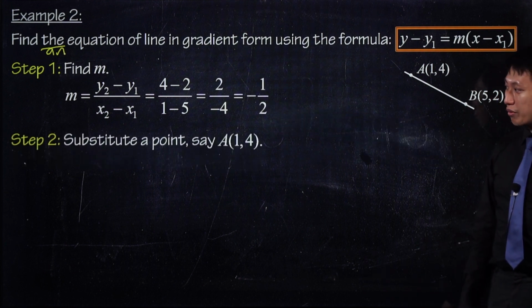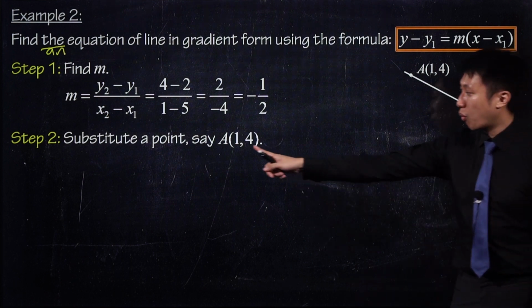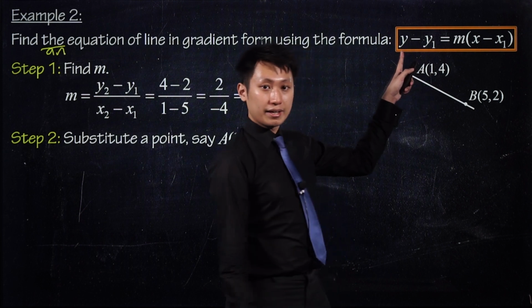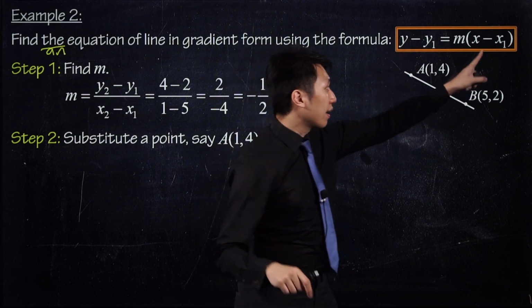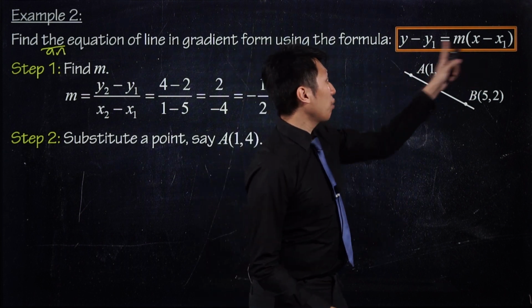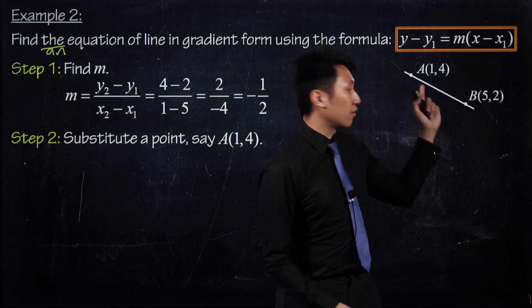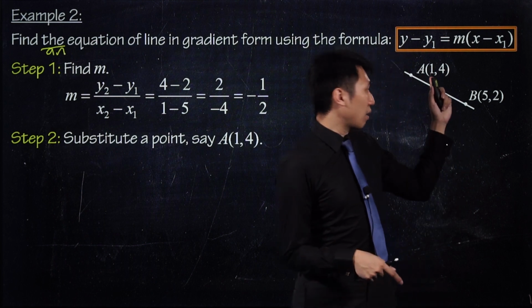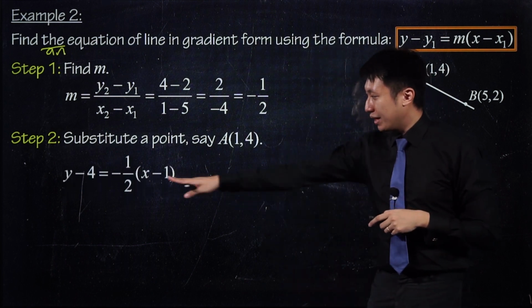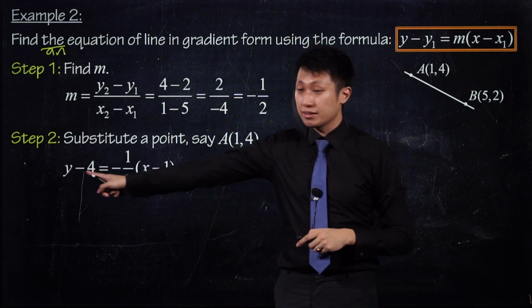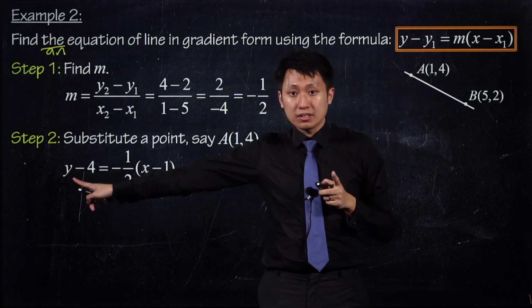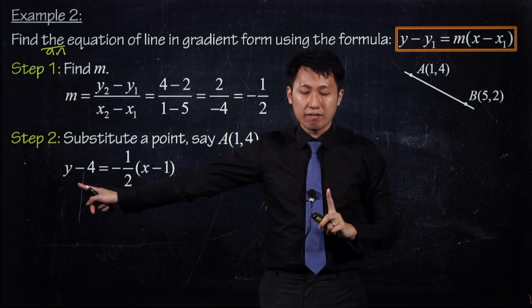Then second, what do we find? We substitute the point 1, 4 into here. You see, here y is a variable, x is a variable, but x1, y1 is any of these coordinates. So let's say we take 1, 4 here, then we put it in. y is a variable, so it's not changing to any of the values.